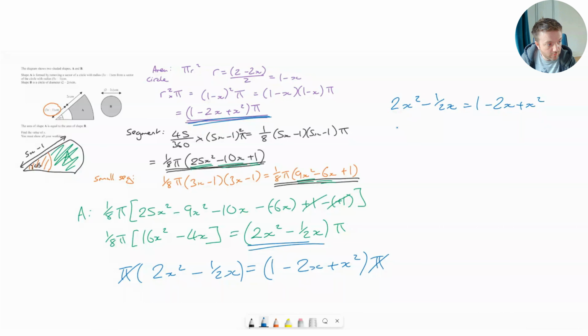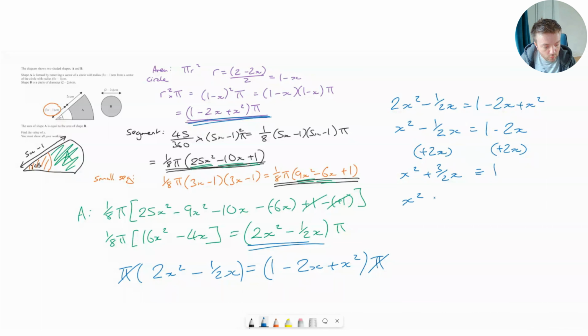So here we're going to have x squared minus a half x equals 1 minus 2x. And here we then are going to have to add the 2x to both sides, which is going to give us x squared plus 3 over 2x equals 1.